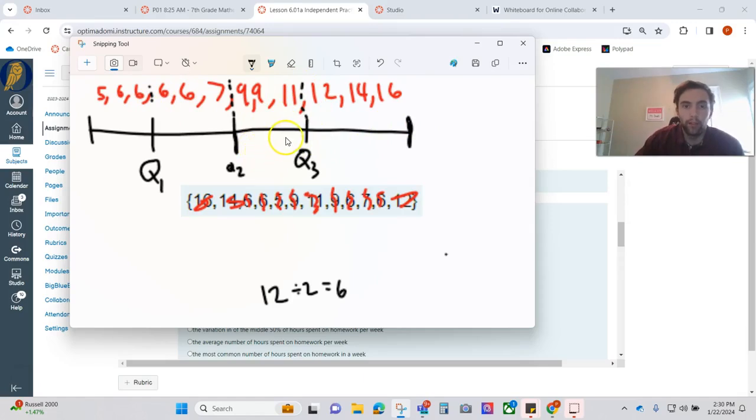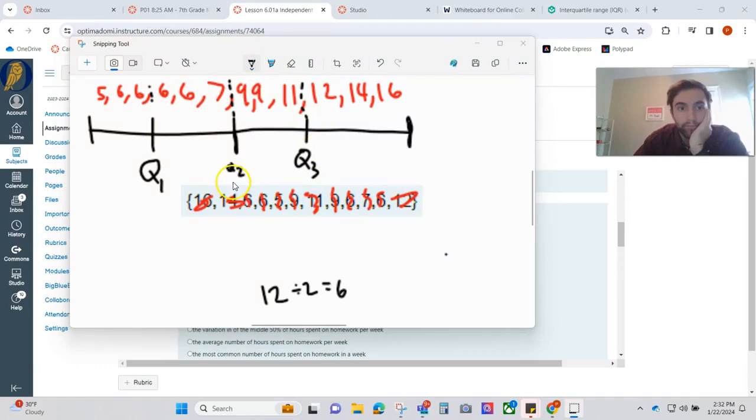Okay, all the numbers have an even amount. When the quartile does not land on a number, we have to find out what it is. When the quartile doesn't perfectly land on a number but lands between two numbers, we have to find the average of those two numbers.